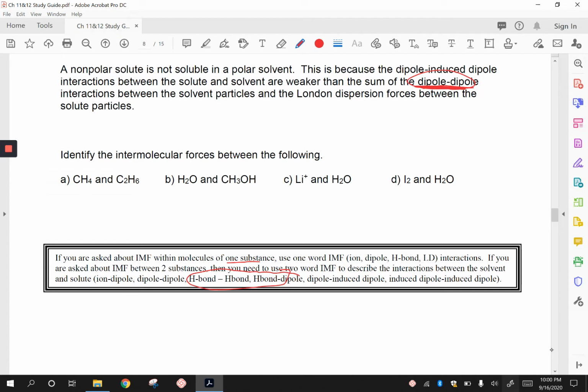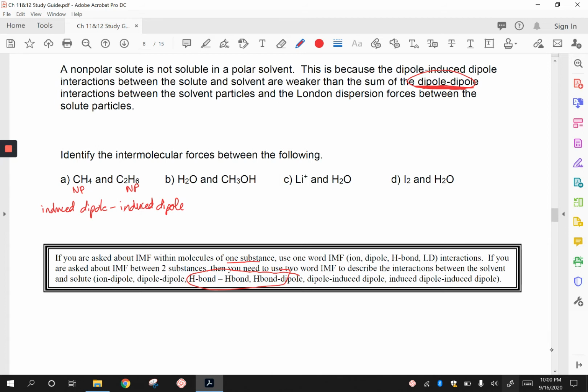So we want to identify the intermolecular forces between the following. We're mixing two substances, so we want to use two words. You look at the two substances: this is nonpolar, this is also nonpolar. So this would be induced dipole, induced dipole. Just within the CH4 particles together, there's London dispersion.